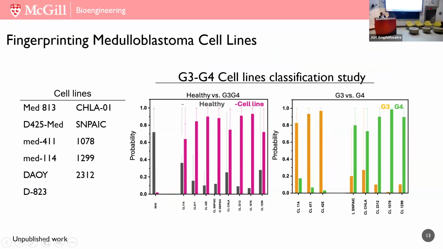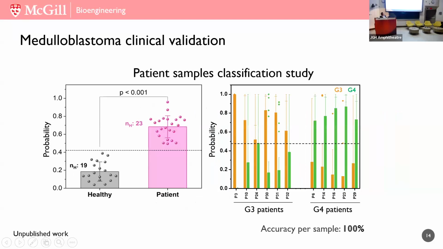We used the same training on MB cell lines for classification between G3 and G4, and moreover we did this validation on 23 MB patient samples, with binary classification and classification between G3 and G4.